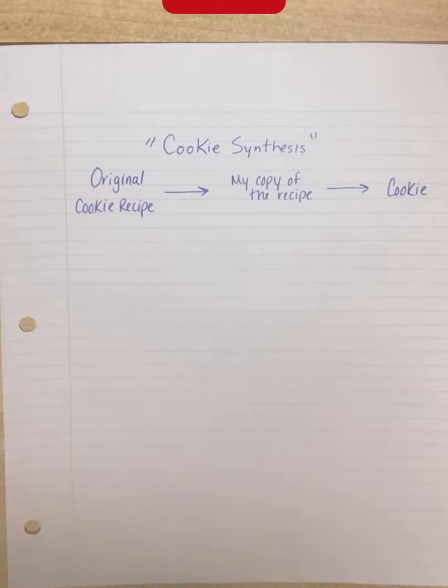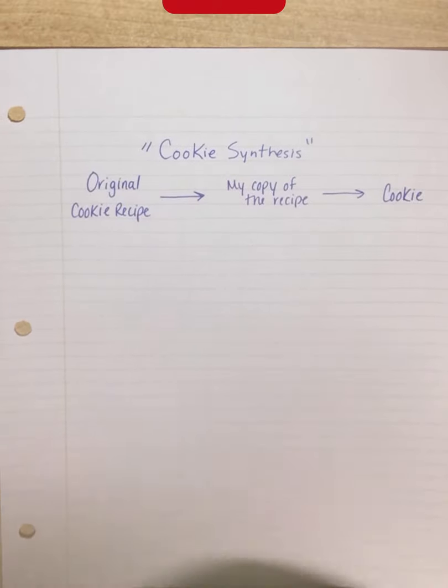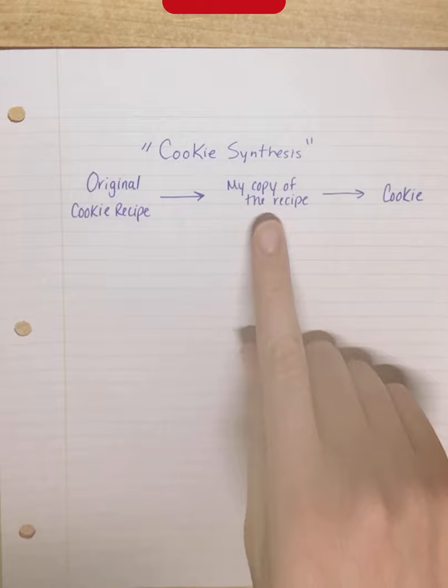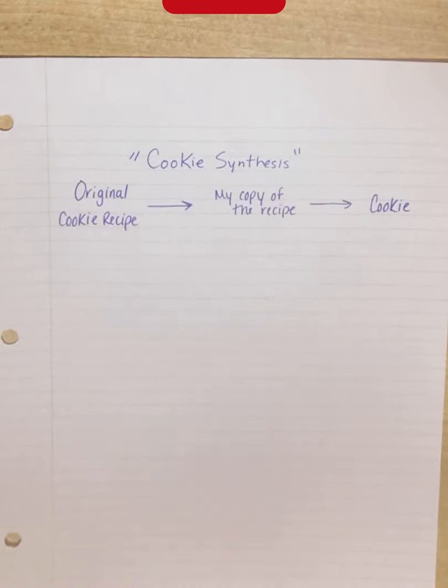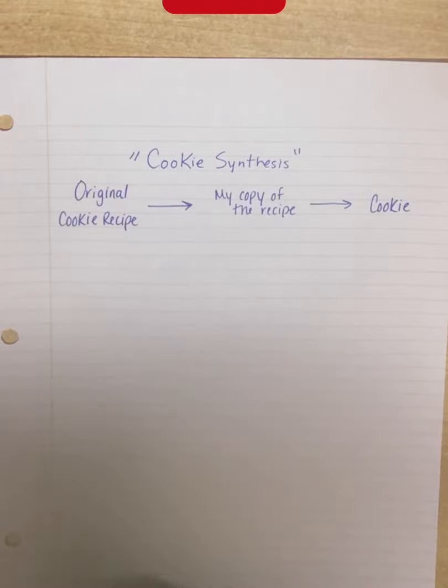When I want to make these cookies, I have to call my grandmother up and ask her for the ingredients and the instructions, and I write that down as my copy. I then use those recipes to help me put together the cookie that I'll serve at special occasions.